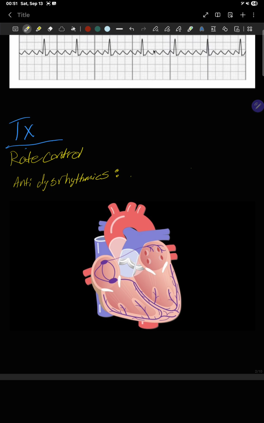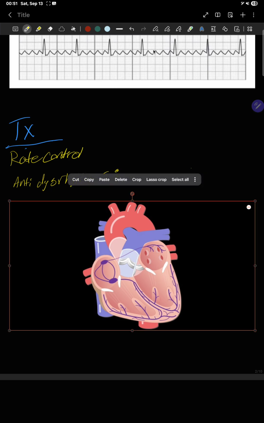So if we were to convert this guy up here to sinus rhythm, well, we need something to keep them at sinus, right? Because we have that pissed off foci sitting in there. So we need a way to just keep the heart rate together. And what do we do with that?